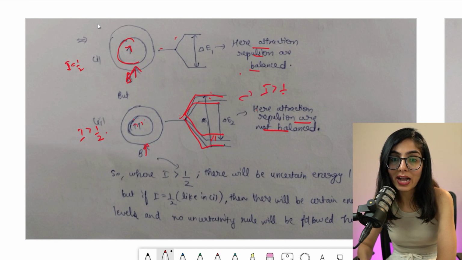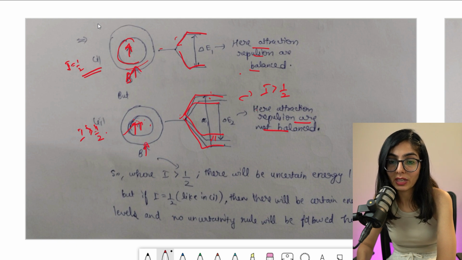Remember that when I is equal to half, there will be certain energy levels, because this nucleus is feeling the same magnetic field everywhere. But if I is greater than half, these nuclei will not be facing the same magnetic field everywhere. They would be uneven, so the energy levels would be uncertain.